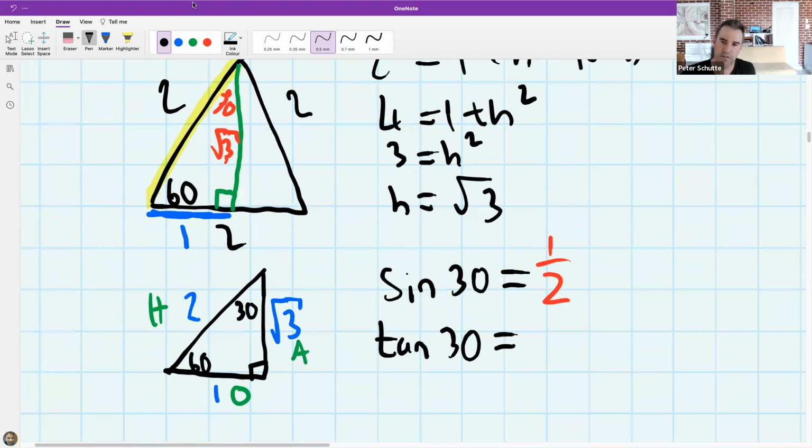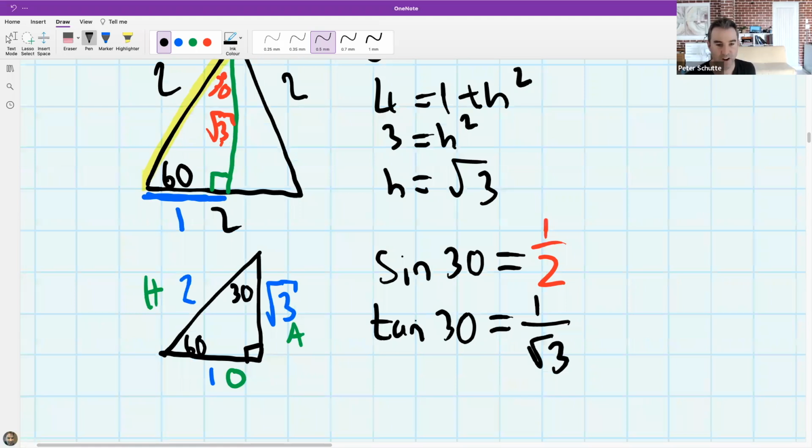I'll give you a little bit of time. I see it coming through. So for tan, it's O over A. So it's going to be 1 over root 3.